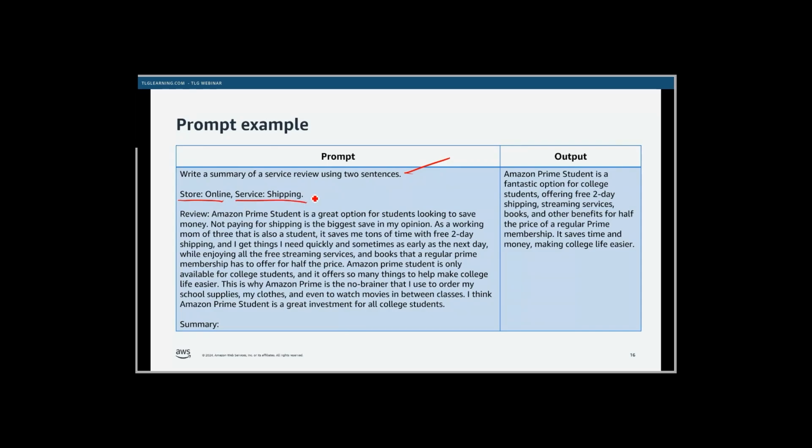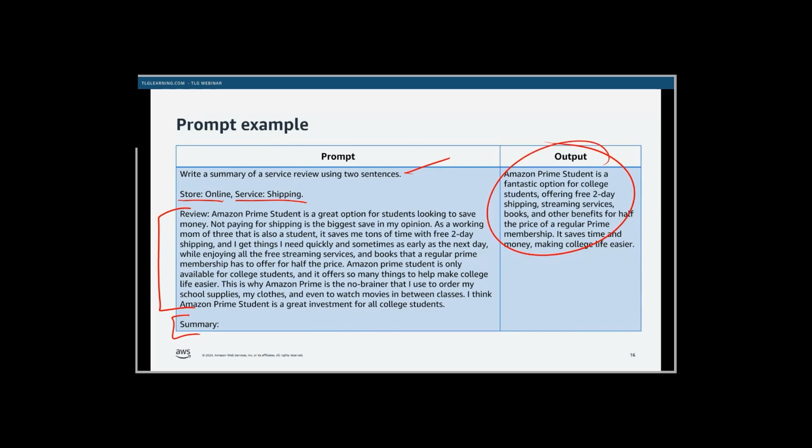One of the services is shipping. And then I provide some input data, in the form of a review, and I want the AI to summarize this. And then I provide a little example prompt at the end: here's the summary. Provide the summarization, and the AI in this case provides the output like we see here.